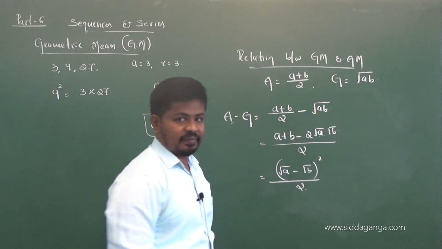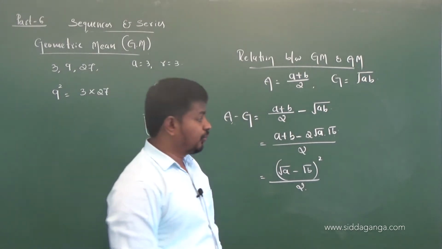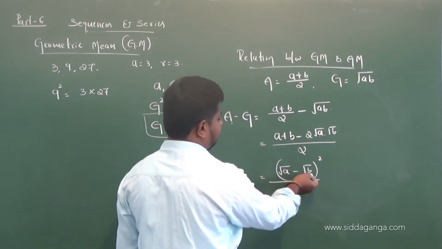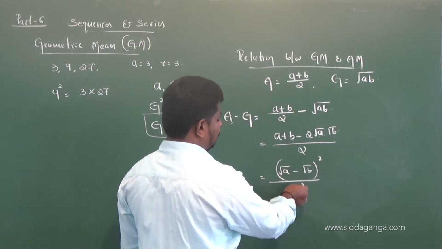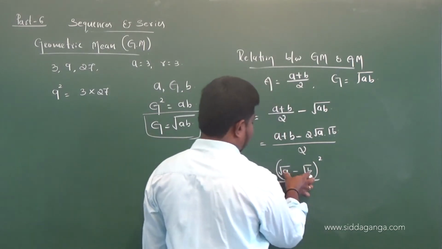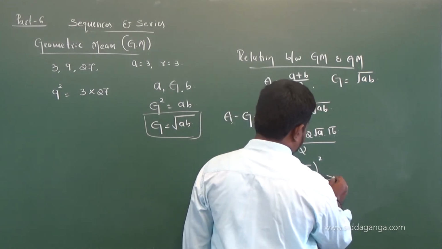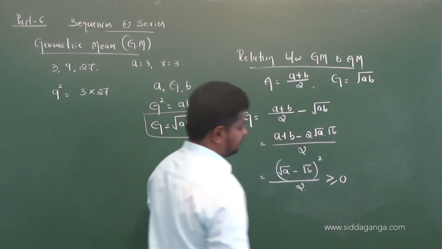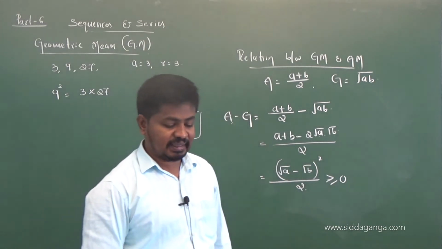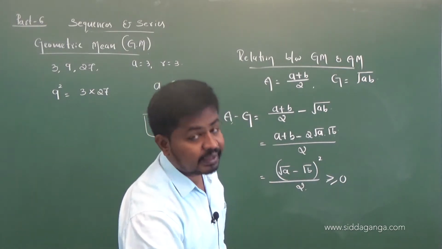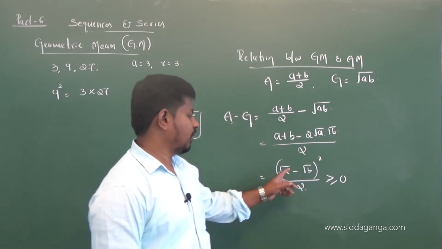Okay. So now your numerator is a square, so for any A and B this gives a non-negative thing, divided by 2. The numerator can be 0 also, so this is always greater than or equal to 0. This can never be negative, because we have a square in the numerator, divided by 2.